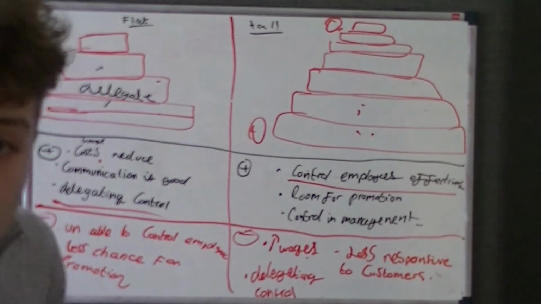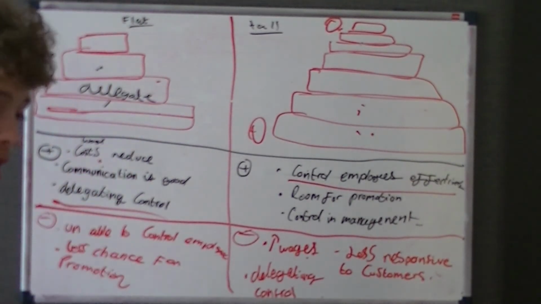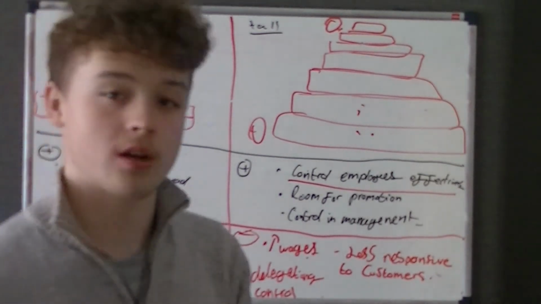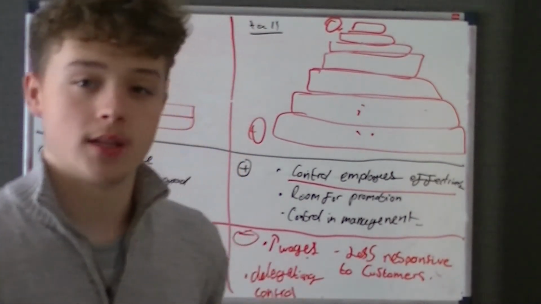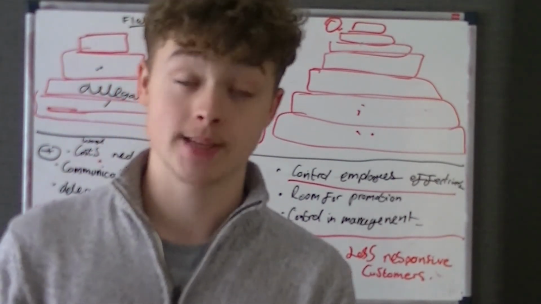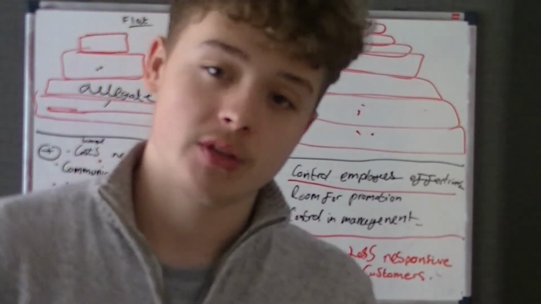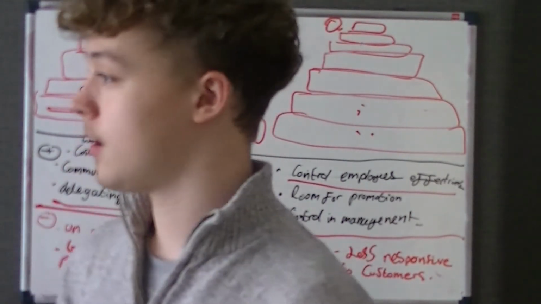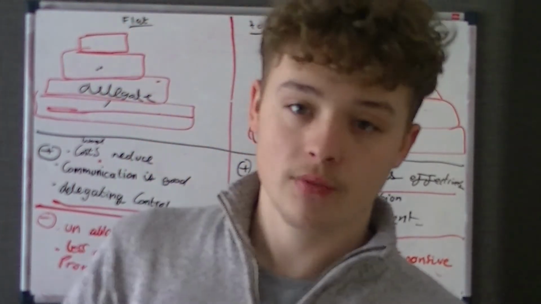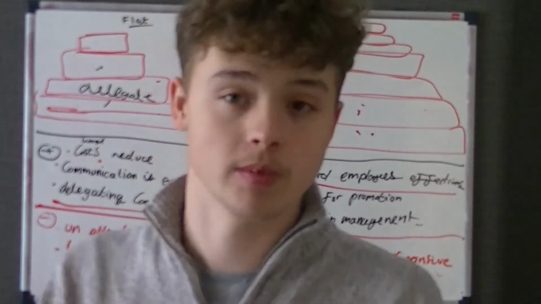So let's go over what we've got so far. We've got the flat structure, and an advantage of the flat structure is that you can delegate control, so you can motivate employees. It's very cost effective, so you have fewer workers in your workforce, so it's cheaper in terms of the wage bill.